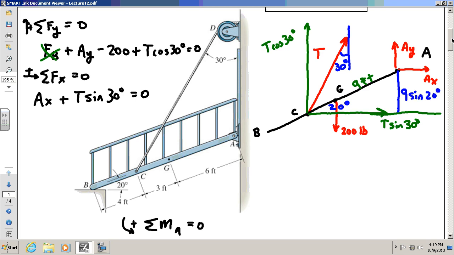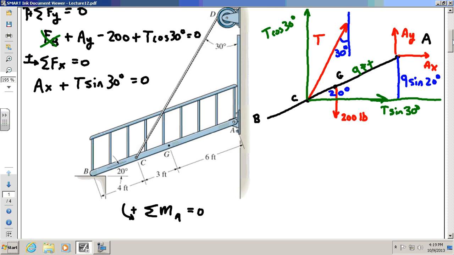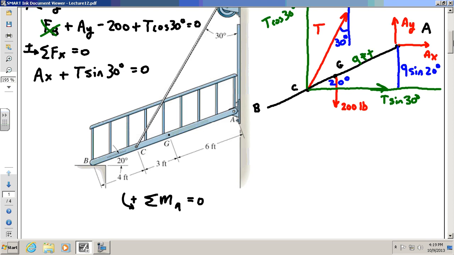Okay? So this is what makes it a little more confusing, is that because T has components x, y, and the distance from C to A has components x, y, you have to carefully put them all together or you'll screw it up. Okay? So let's do it. Sum of the moments about A equals 0. What do we got here? Well, let's take that T force. The T sine 30, that's the horizontal force.